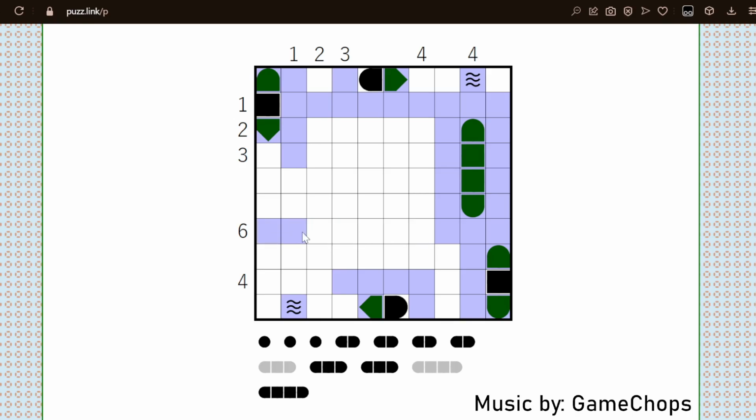So the outsides cannot be empty, so they must be ship. And then we can mark the spaces adjacent to them. And I don't know which one is the final empty cell.